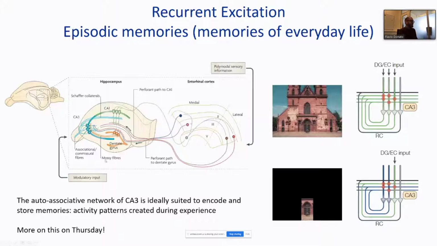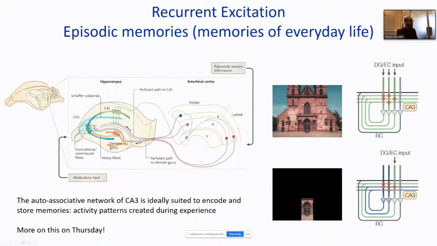For example, let's go back to our favorite circuit, the most beautiful circuit in the brain, which is the entorhinal hippocampal network, and to the CA3 area that we have talked about before. We said before that one CA3 neuron is able to listen to 12,000 different others. One neuron in the CA3 area is able to listen to 12,000 other neurons in the same area, right? So in the end, you create a very large matrix of connections that you can see here, in which the crossing of each axon with the dendrite is a synapse.